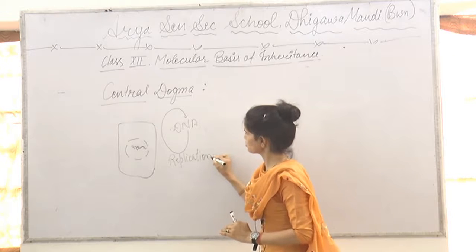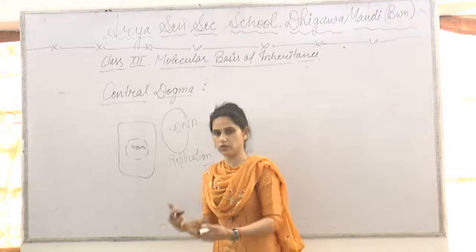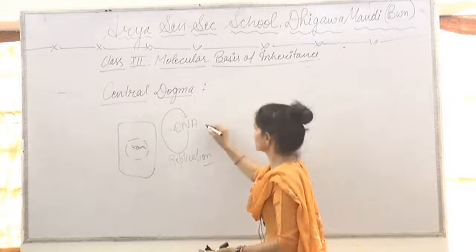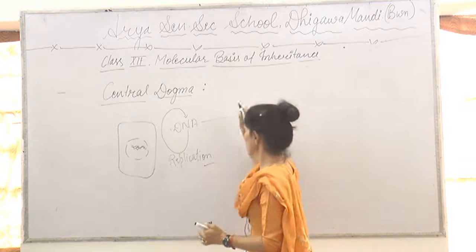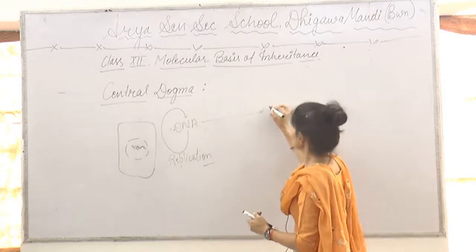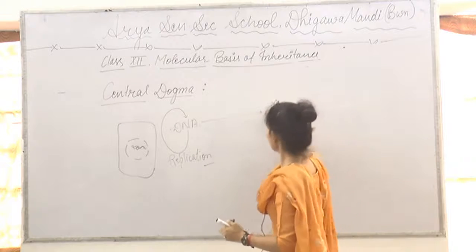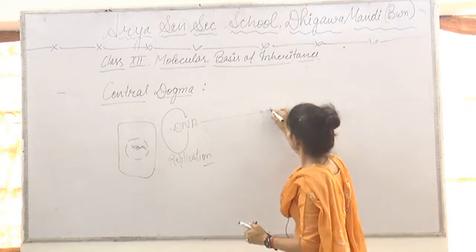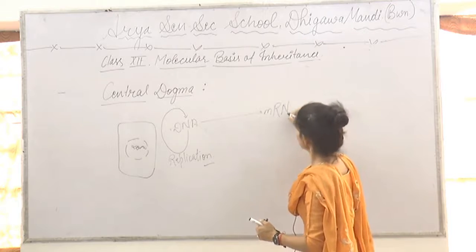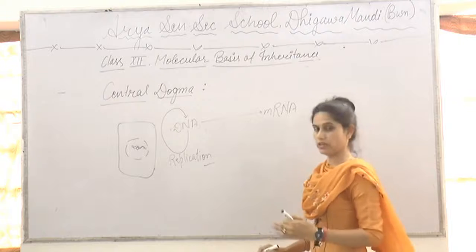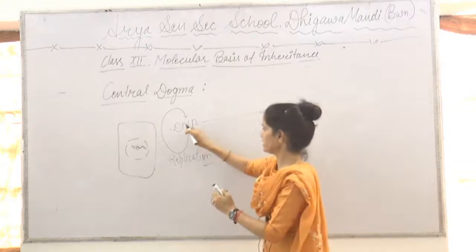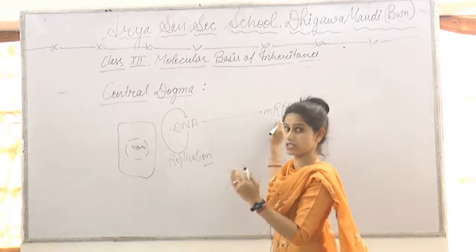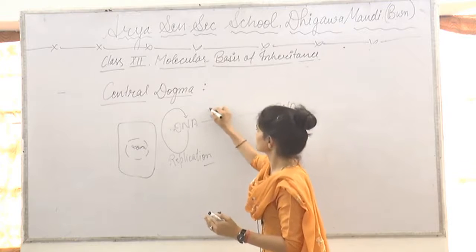Through the replication process, DNA prepares a new copy of itself, and later on after replication it converts into mRNA. It converts within the nucleus into mRNA. This conversion of DNA into mRNA is known as transcription.